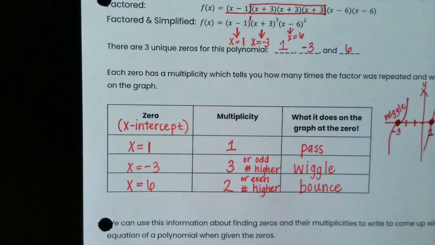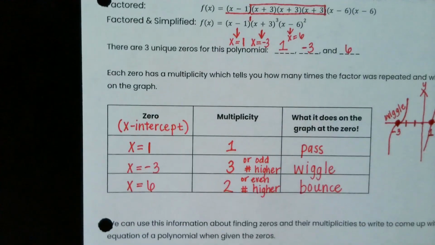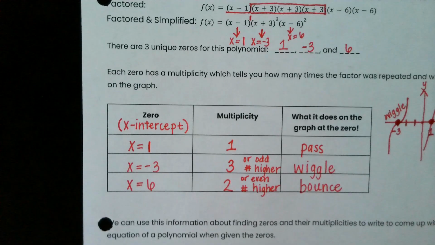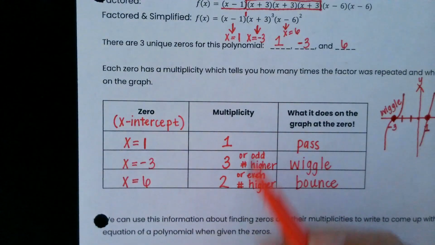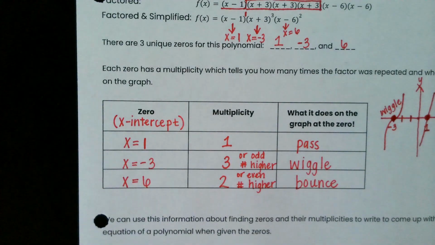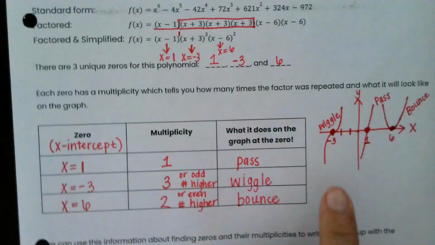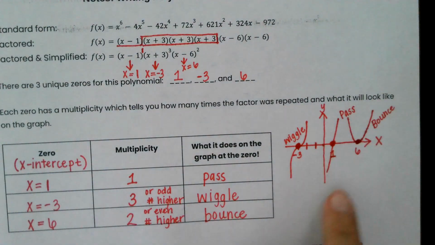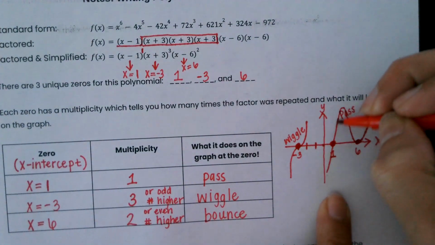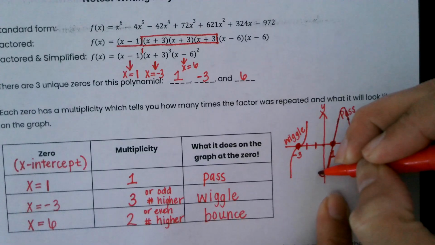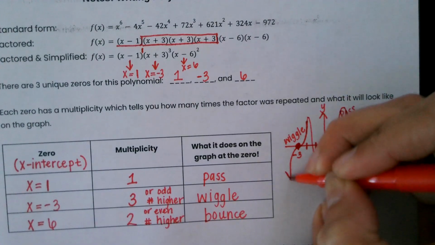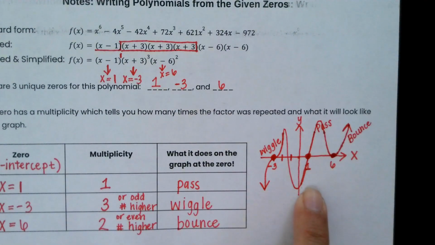Okay, so later on, not yet, right? But later on, we're actually going to use the zeros and this multiplicity information plus some other things that we're going to learn about later, and this is probably going to be after Thanksgiving break, and we'll be able to have a good idea and sketch what the whole graph of this giant polynomial looks like.